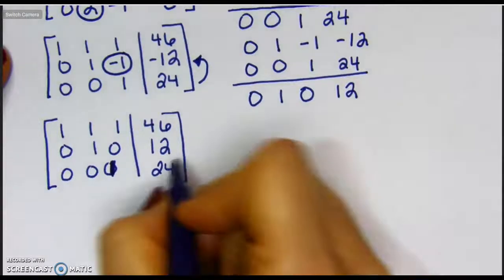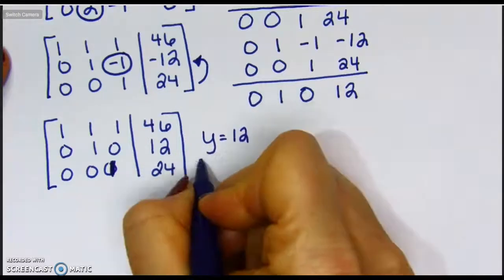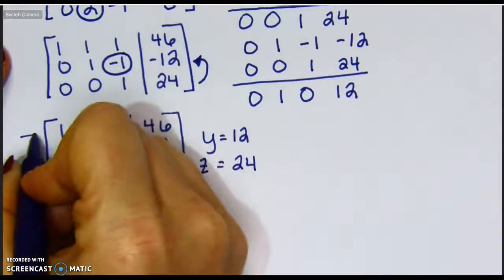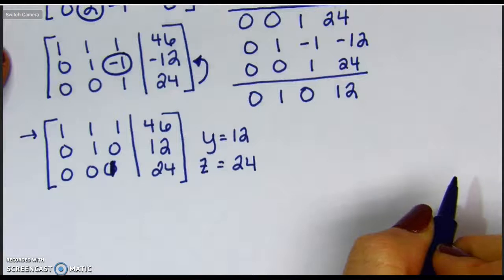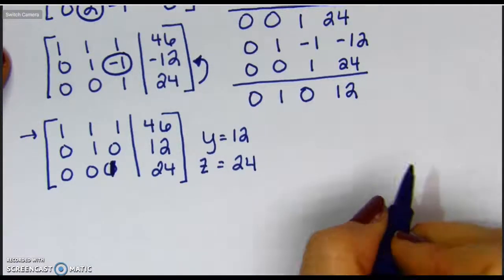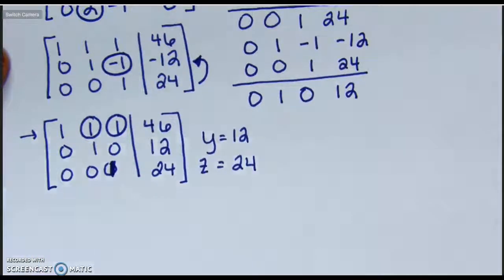So this tells me that y is 12, and here I know that z is 24, and since this top row is all ones, it might be easier to plug them in to identify what x is, instead of going through the steps of making this and this element a 0.